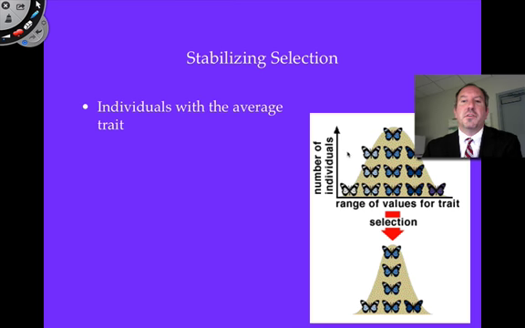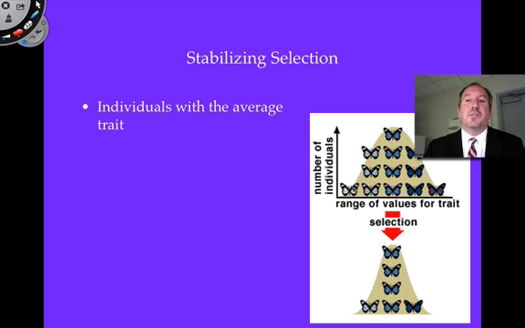Well, stabilizing selection in this type of environment, apparently over several generations, if you can see this, the white coloration or the white morphology isn't doing well, and the purple is not doing well. So stabilizing selection encourages the middle of the road trait, or the middle of the road phenotype or variation, more.